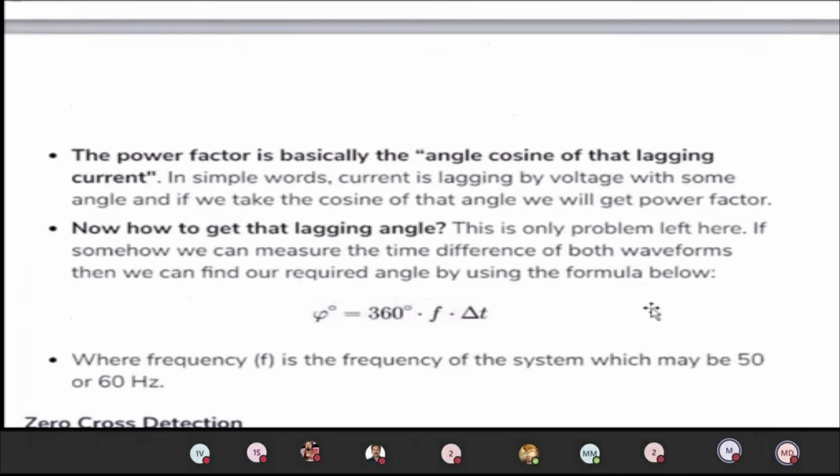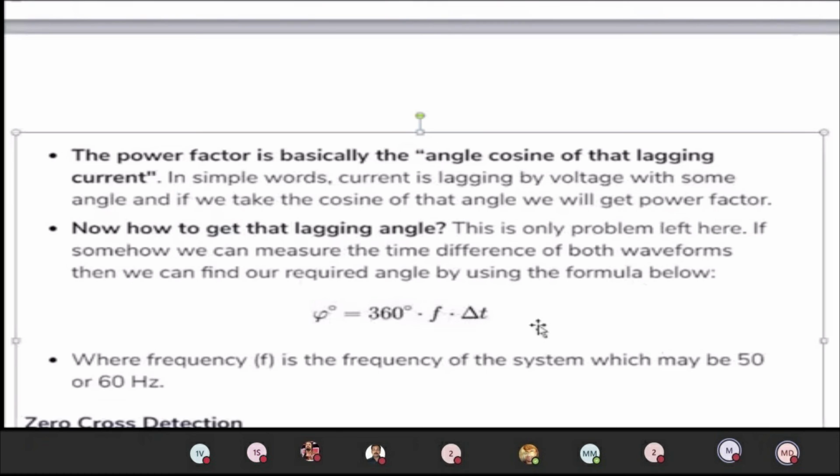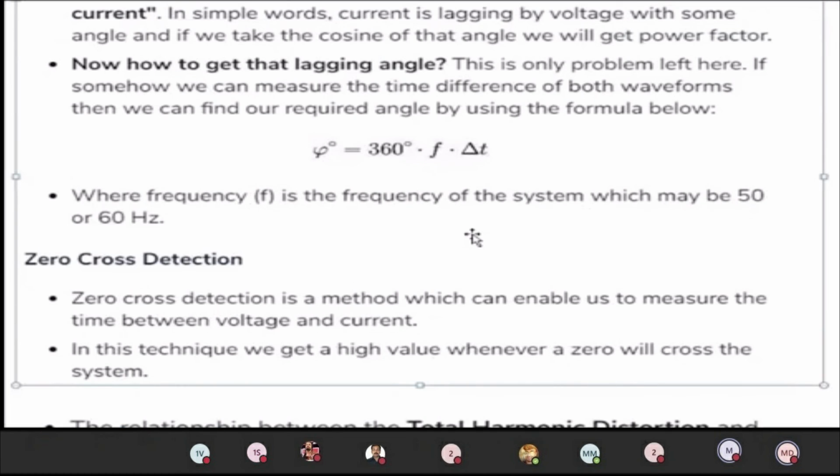And another way to find the power factor is, you can see the formula here. Actually the power factor is defined as the cosine of the angle between the voltage and current. In short, we can say cosine of the angle of the lagging current. Now how to measure this?